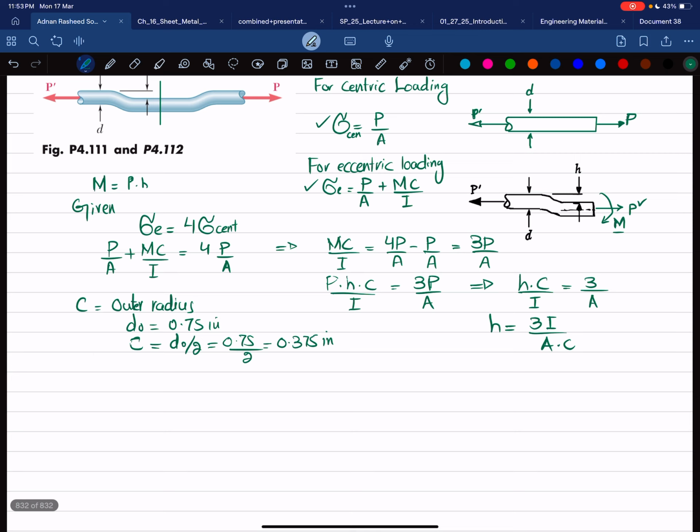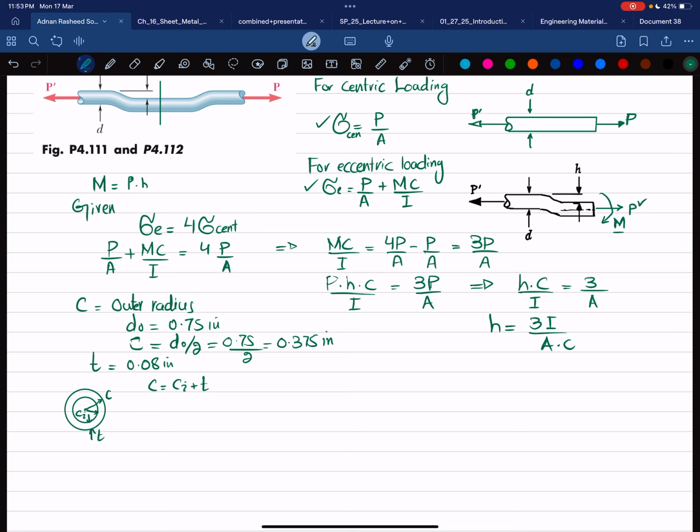Since we have been given thickness, and the thickness is 0.08 inch, if I draw a cross section of this tube, you can see this is the center, this is the outer radius, which is C, this is the thickness t, and this is the inner radius ci. We can see that C is equal to ci plus t.